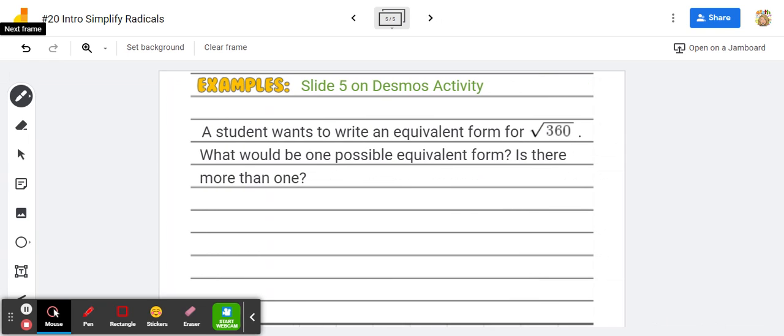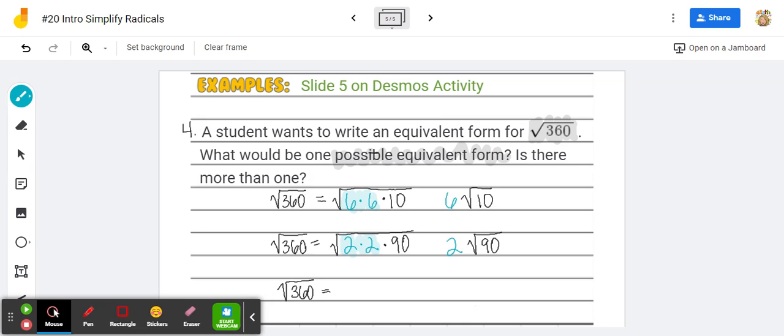Last example. Number 4 here, and our final. A student wants to rewrite the equivalent form for the square root of 360. What could be one of those possible equivalent forms is what we're looking for. 3 of your classmates came up with some options.